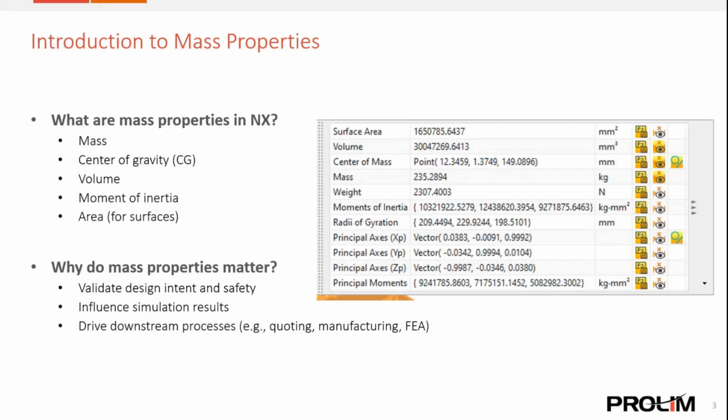Simulations often rely on accurate mass properties so that NX, for example, can run those while making sure that everything is as close to real-world scenarios as possible. And then, of course, your system integration. It helps in early detection of interference and mechanical imbalance in your assemblies.